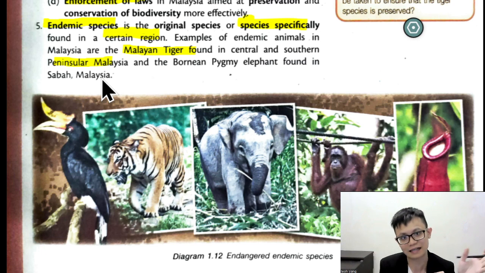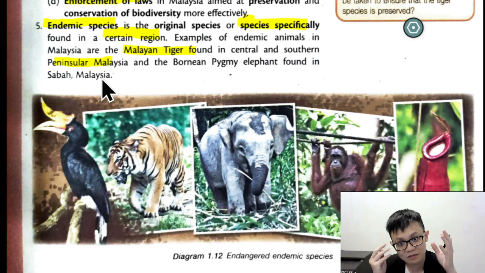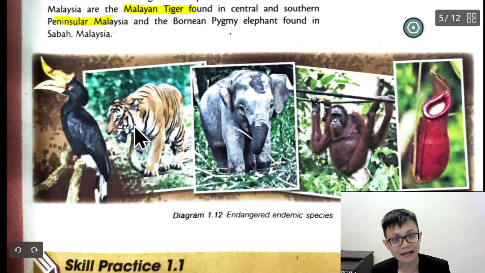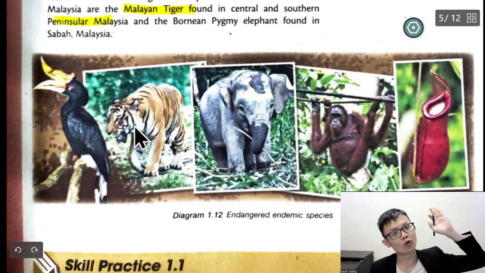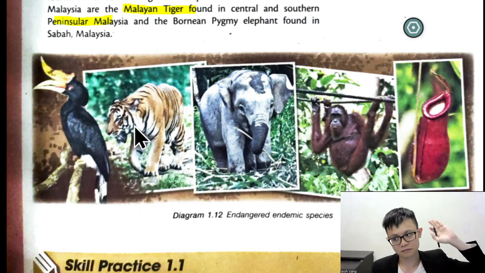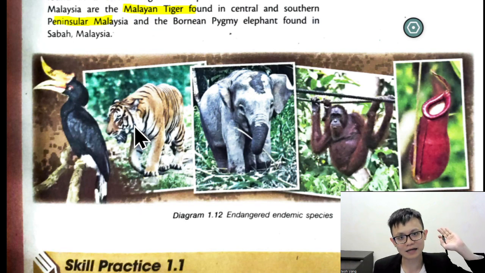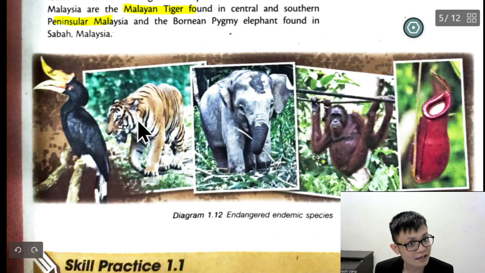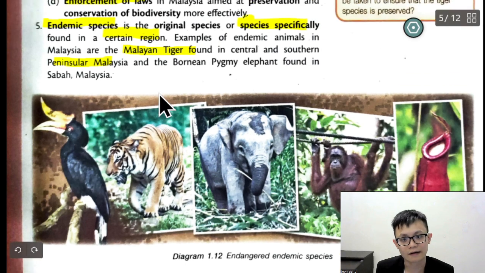Not a new species like that. It's still the same species, a tiger, because though it's called the Malayan tiger, if I bring it to whatever country like Brazil, and then I take another tiger, they can still give birth and produce a baby with new characteristics.